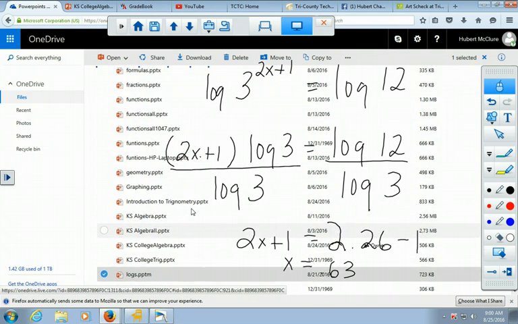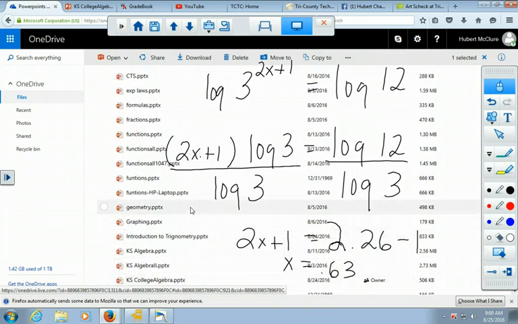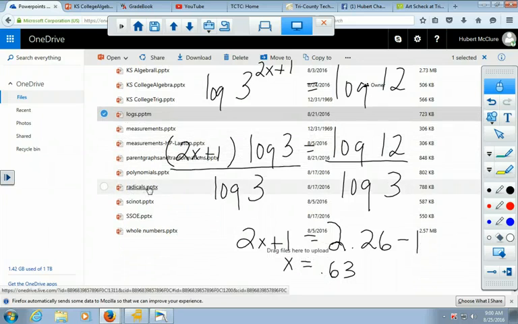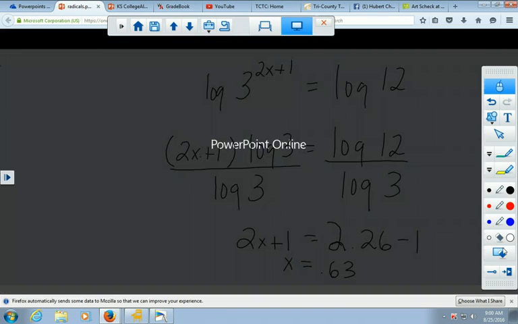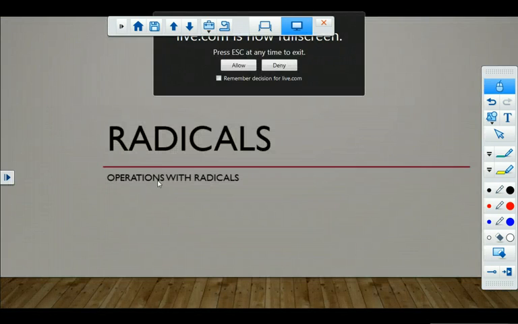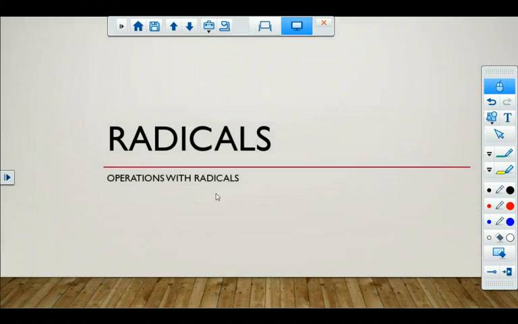All right, y'all gotta look for rationalizing the denominator. It's not in, it's radicals, radicals. This is totally different from my computer at home.